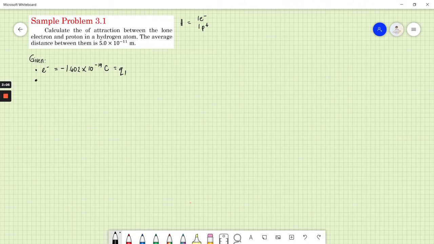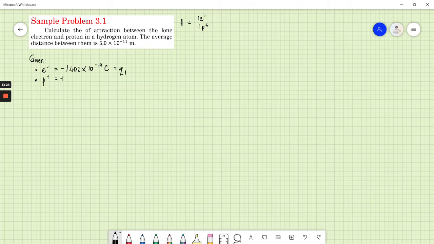Next, in this sample problem, it is also stated that a hydrogen has a proton. So what is the value of the charge, or the magnitude of the charge, or the quantity of the charge of a proton? It is the same as electron, only it is positive.